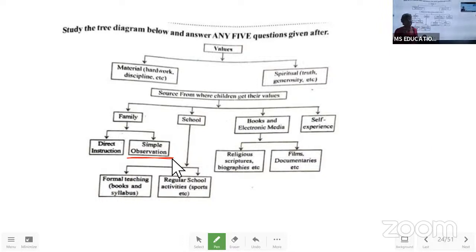He observes and he wonders why the parent keeps asking him to be truthful, yet he himself is not practicing what he is preaching. So the values are from direct instruction, where the parents tell them what to do, what is right, what is wrong, and also by observation by the child. Now, school, there are two ways. Formal teaching, that is books and syllabus.